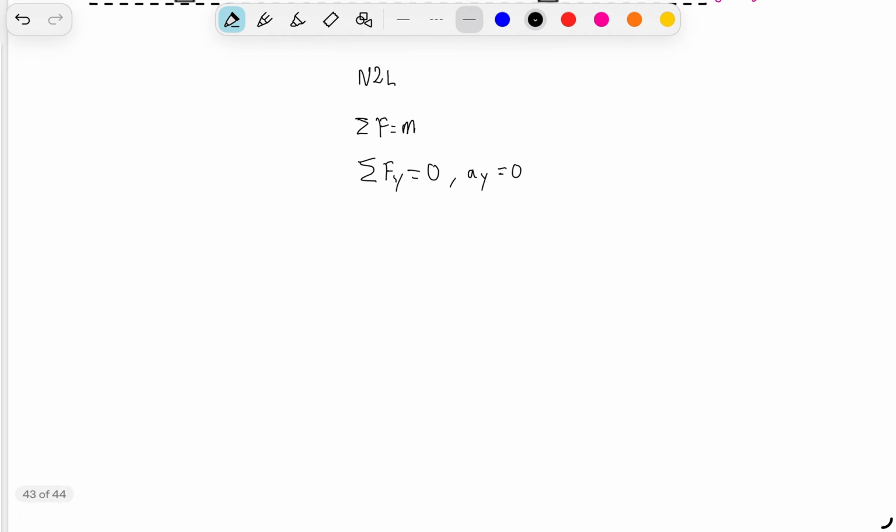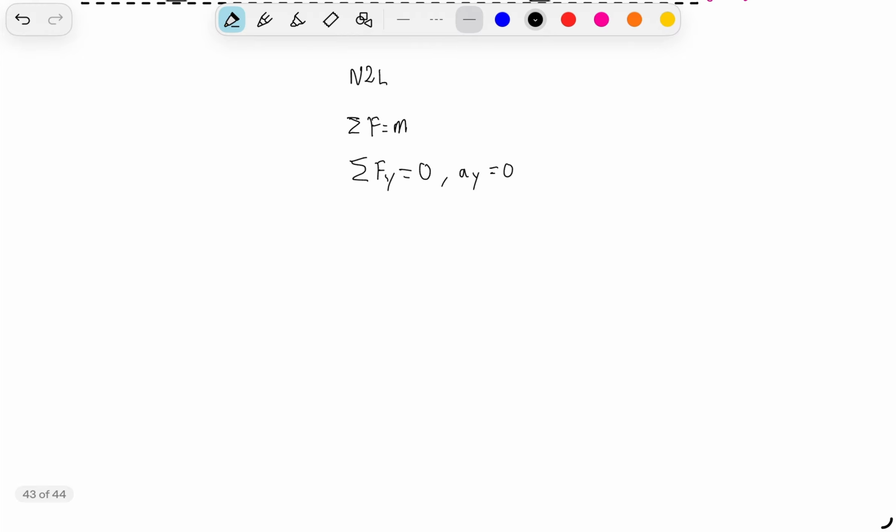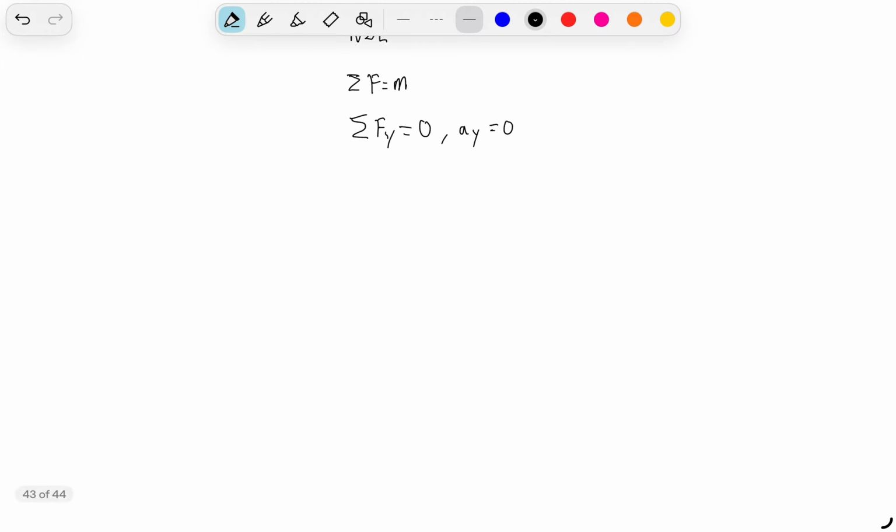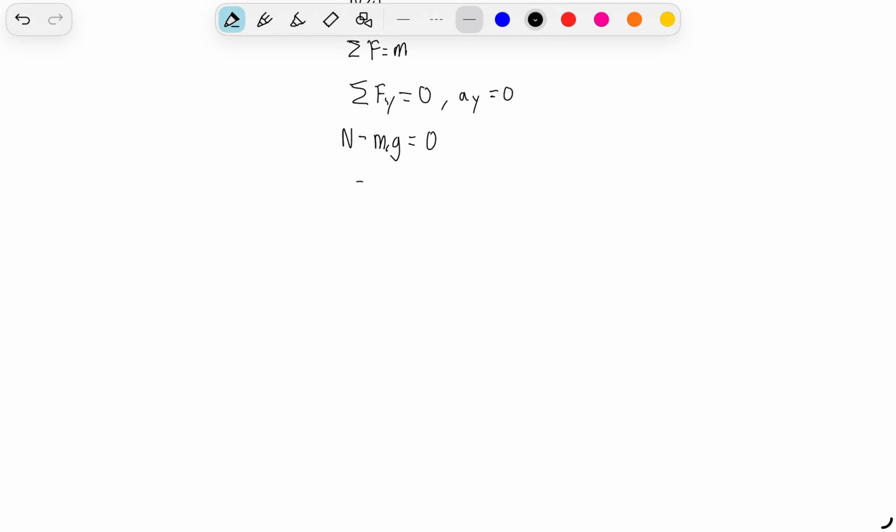There are no forces accelerating in either of those directions because those forces cancel out. So the upward force is N, and the downward force is M1g, our force of gravity, and that all equals 0. Then you can just add m1g to both sides, and that cancels out. You get that your normal force is equal to m1 times g.